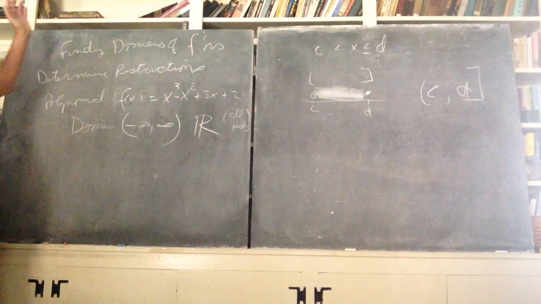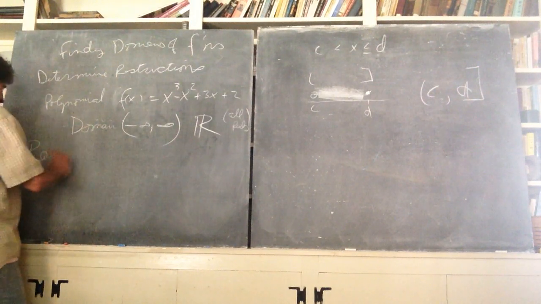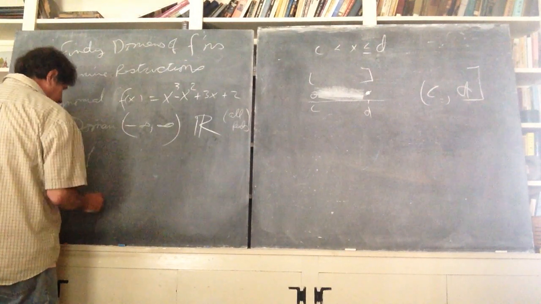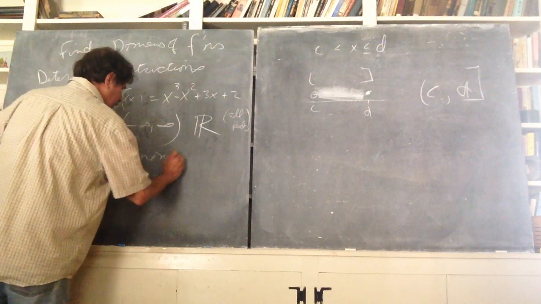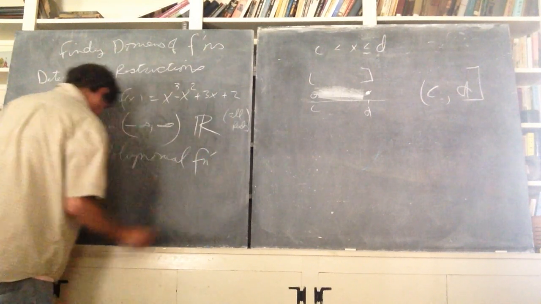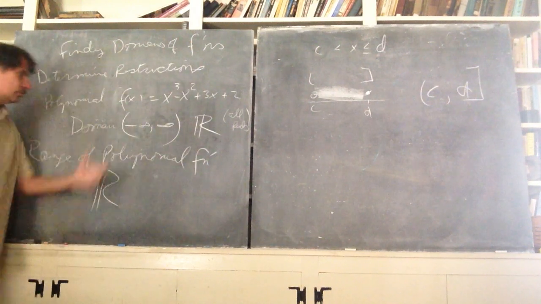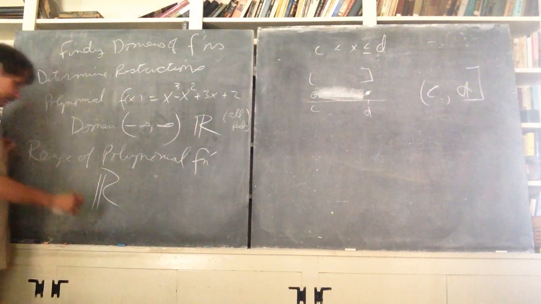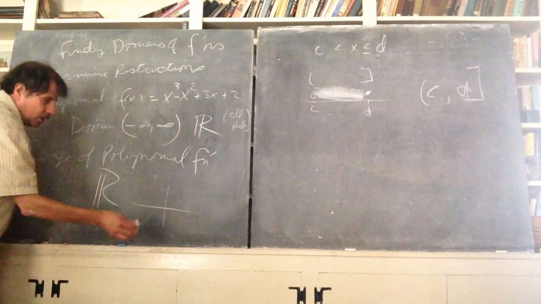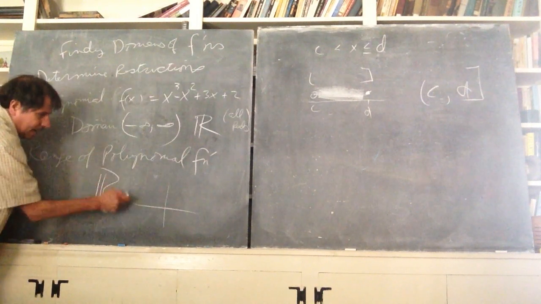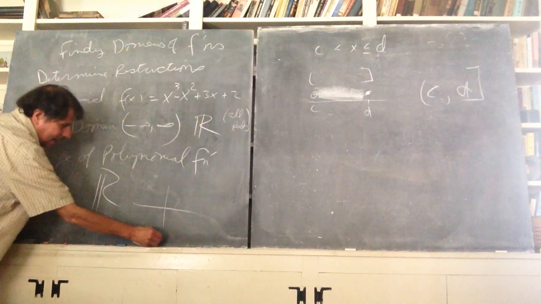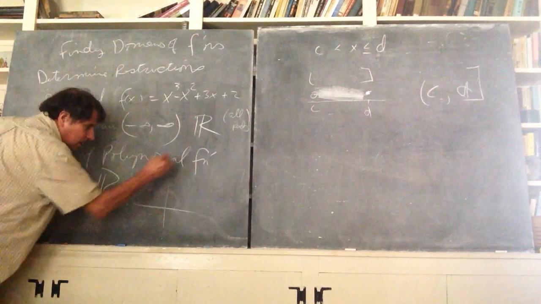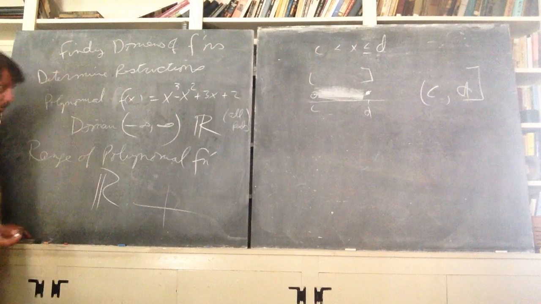For any polynomial function, by the way, the range of a polynomial function is also all the reals. Any polynomial function on a graph will span from negative infinity to infinity, up and down, and right and left. Domain, range, all the reals, for all the polynomials.